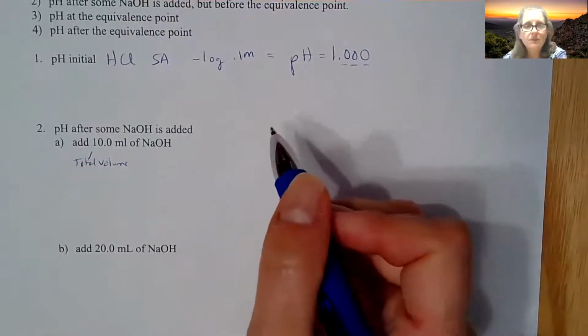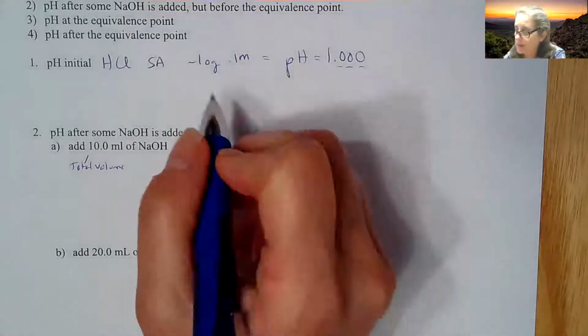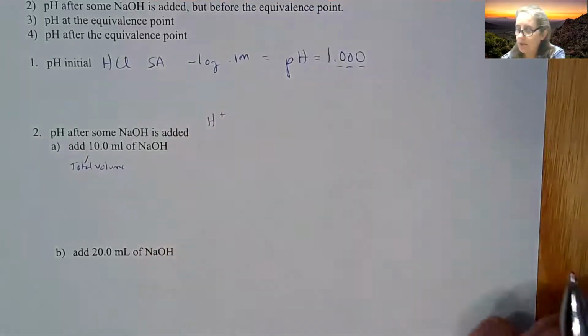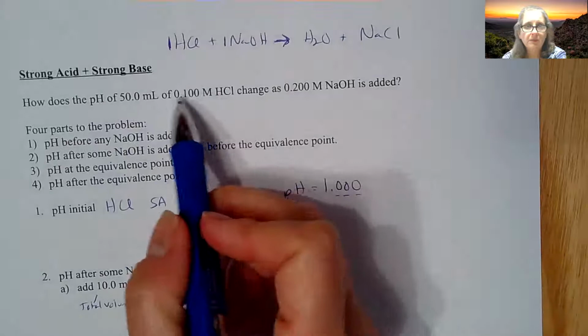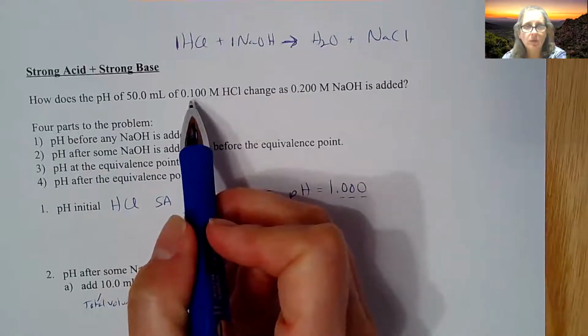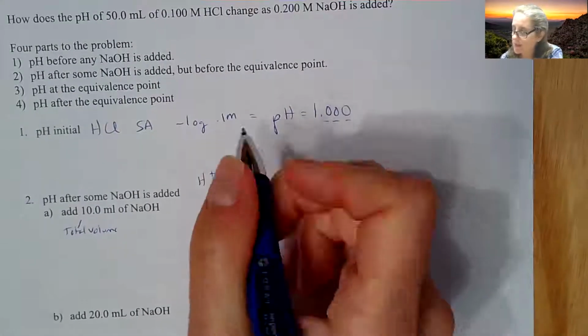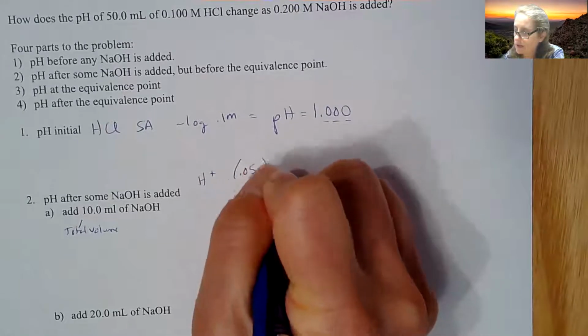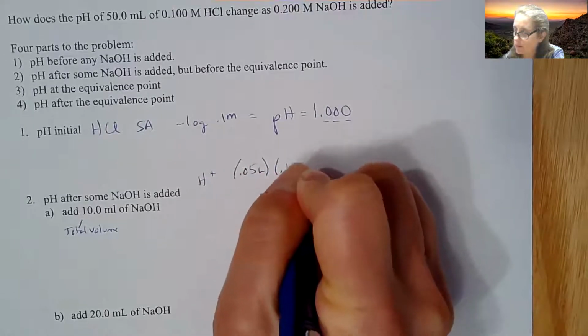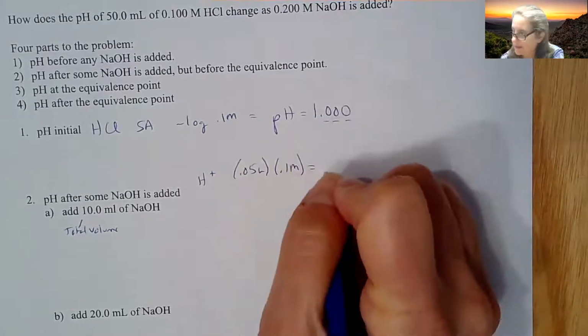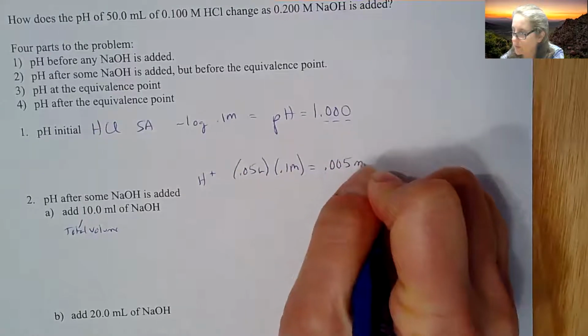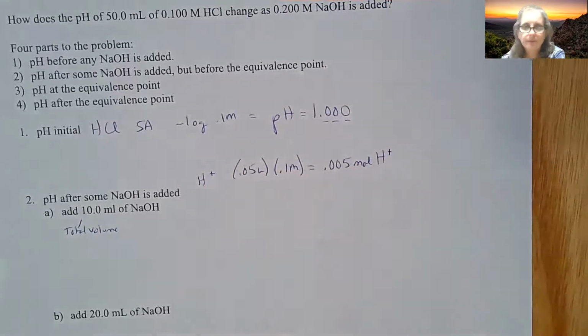So now it becomes a mole-to-mole problem. How much H plus do I have in there? Well, the H plus is coming from the hydrochloric acid. So I have 0.1 molar and I have 50 mL of it. So I'm going to take 0.05 liters and multiply it by 0.1 molar, and I find that I have 0.005 moles of H plus.